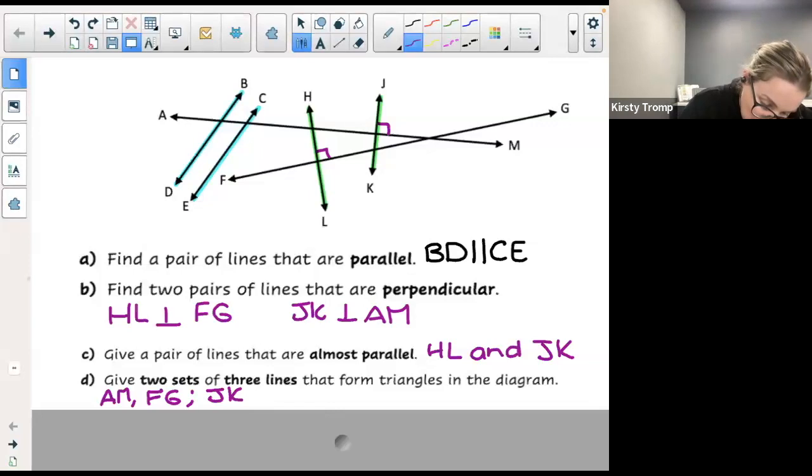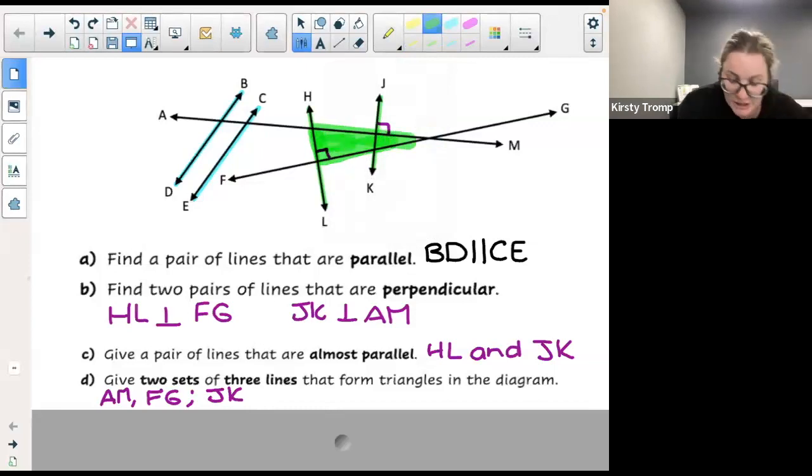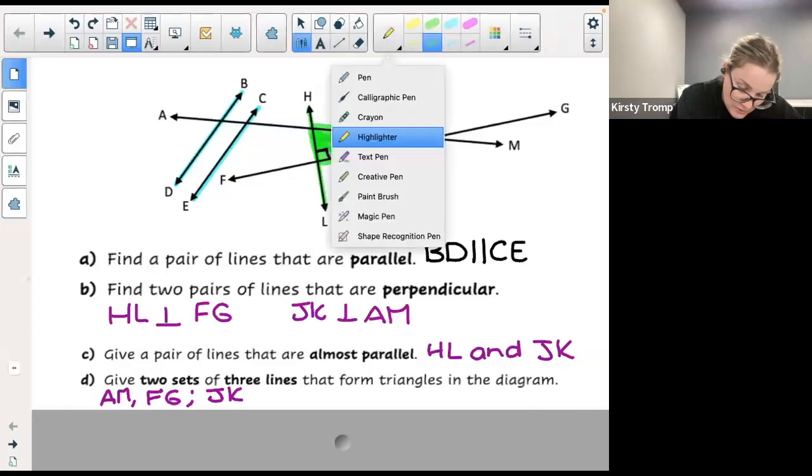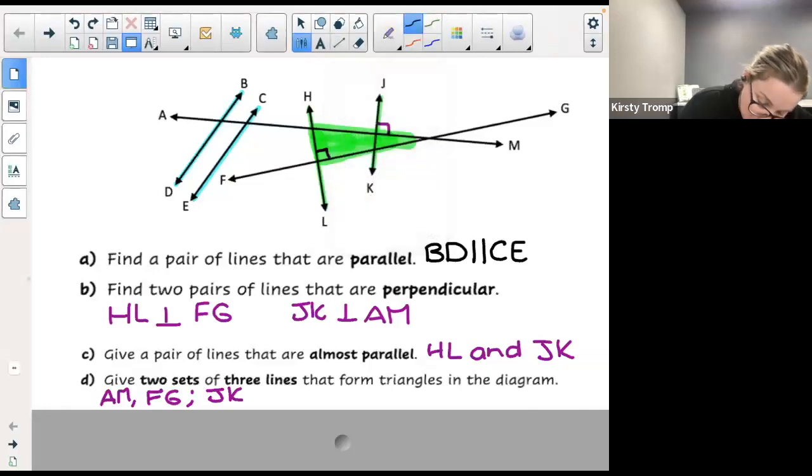All right, so I'm agreeing with Christian. I'm going to color in the first big triangle in this dark green color. That's the triangle that AM and FG make. We're missing one line, and that one line was also the main one, which is HL.